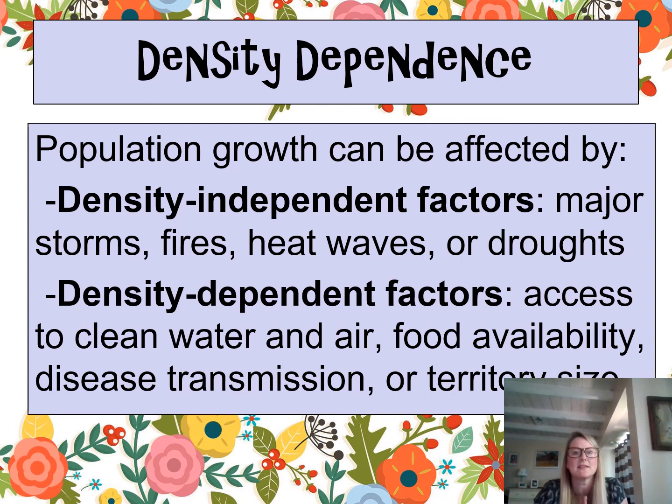Disease definitely can control a population's growth rate, but the more dense that population is, the more likely it is that disease will spread because the population is crowded. The population may be big in a small area of land, so that makes it really easy for a virus, for example, to spread through the population. So those are just some things that can control population growth rates.